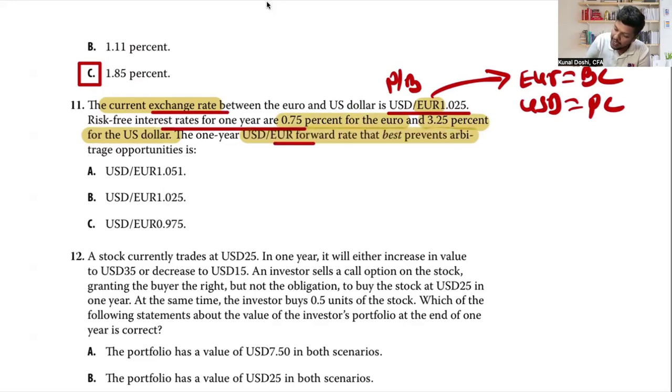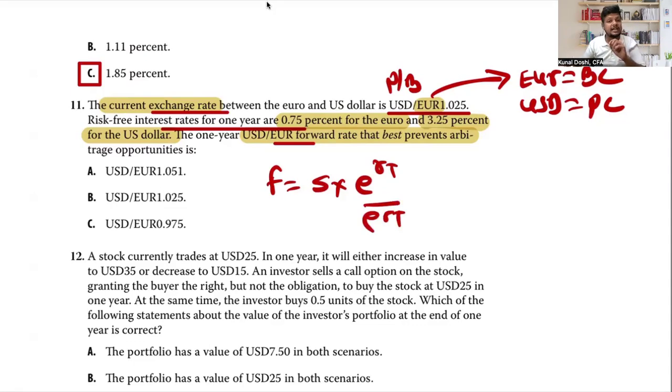Now, guys, to calculate the forward rate, I need the spot rate into, if you use compounding, you use 1 plus interest rates. But here in quants, what they've done is that they've used exponential returns. Means you will use exponential, e to the power of rate of interest. But which rate of interest?